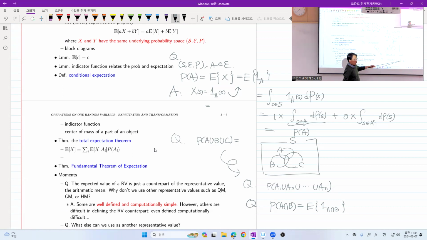Because this means that if S is a member of A and a member of B, this is 1. So you can suddenly say that, hey, it seems that this AND operation can be written as what? Product of two indicator functions. Amazing, right? Now, what about the union?